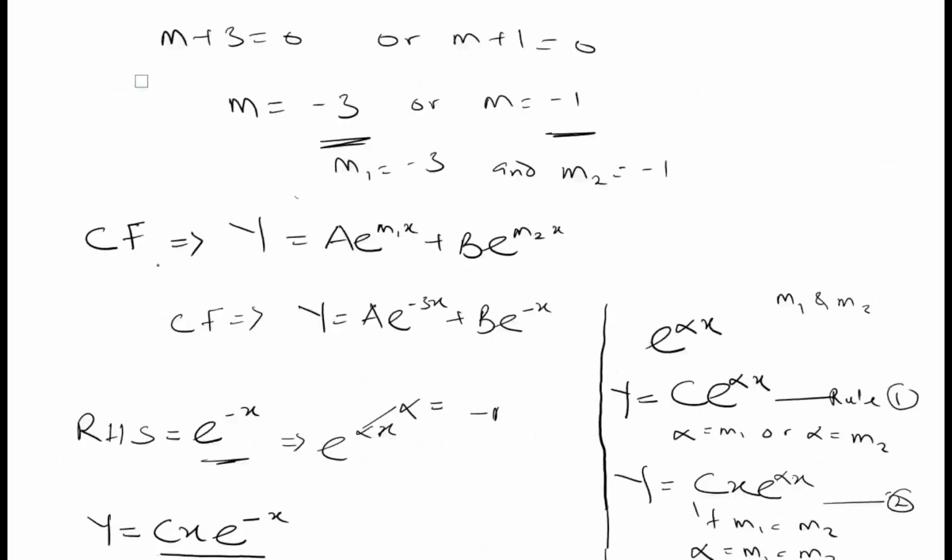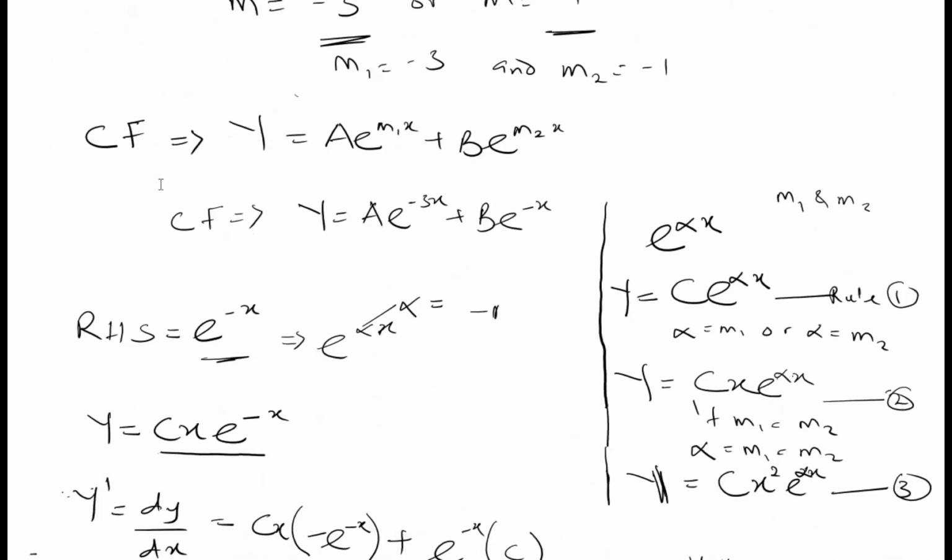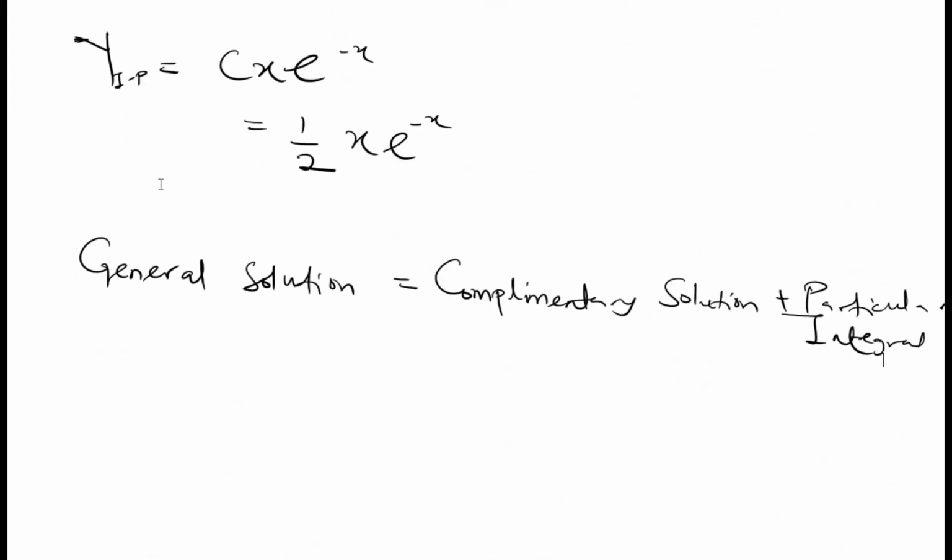what's the complementary solution? Y is equal to a exponential of minus 3x plus b exponential of minus x. That's a exponential of minus 3x plus b exponential of minus x, then plus the particular integral, that's cx.